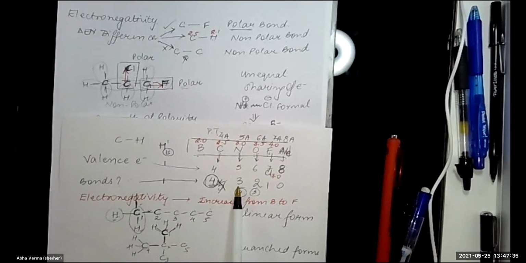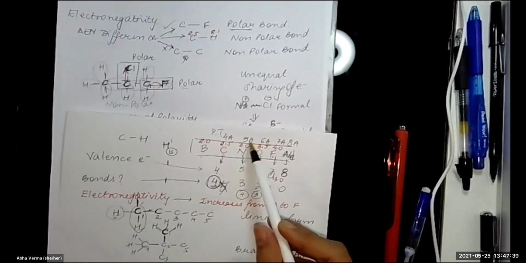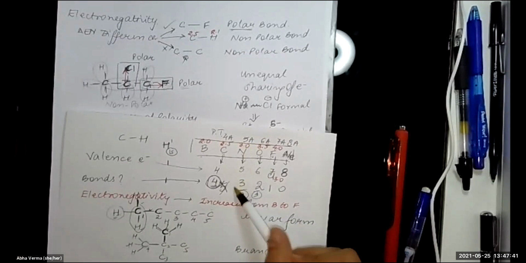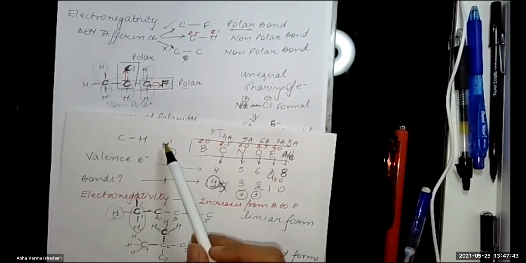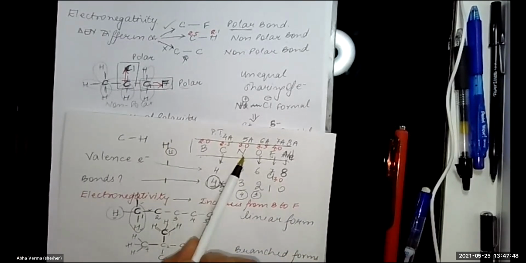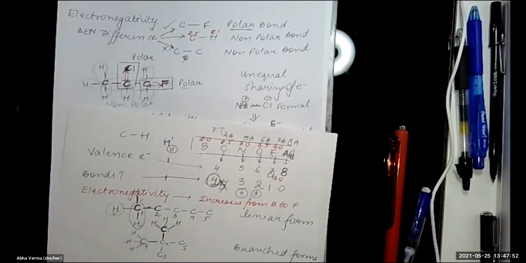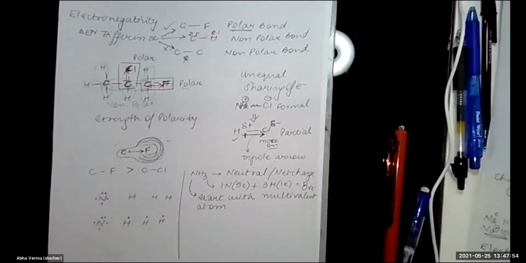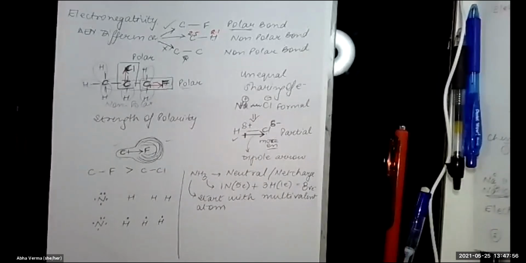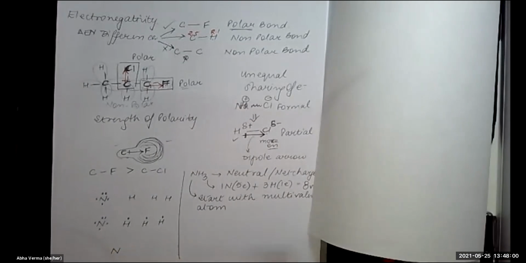Nitrogen. Thanks, Sammy. Nitrogen can make 3 bonds while hydrogen can make only 1 bond. So among hydrogen and nitrogen, who has more valency? The nitrogen. So start with the multivalent atom. I'm going to write my nitrogen out first.